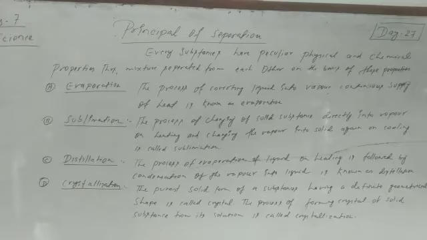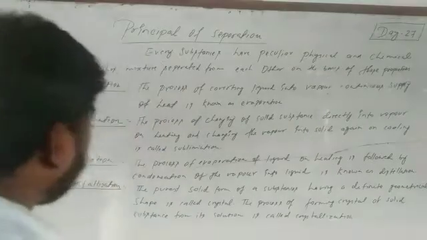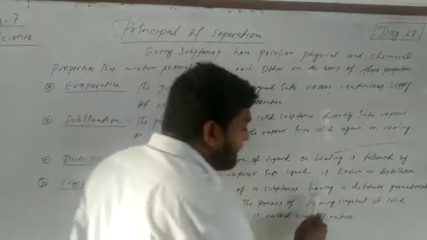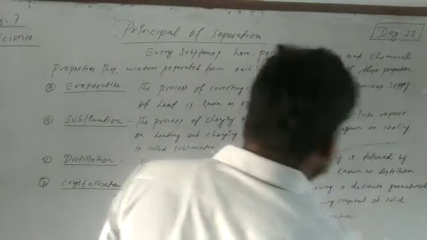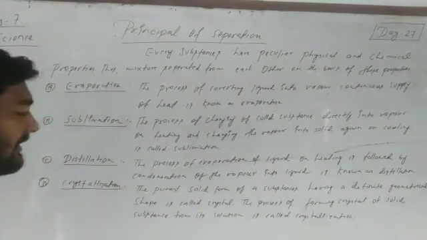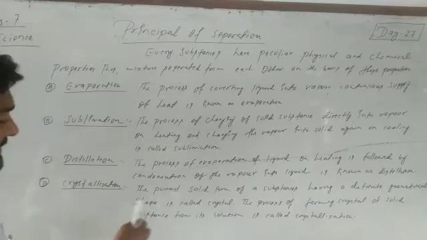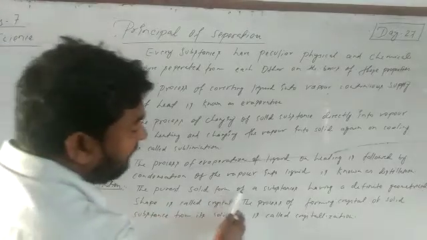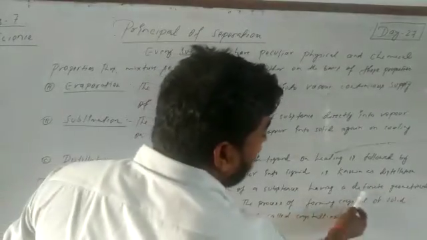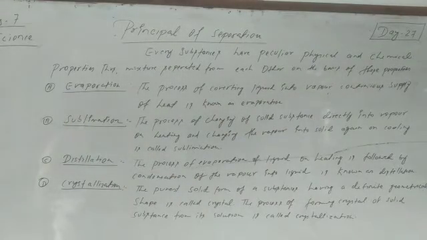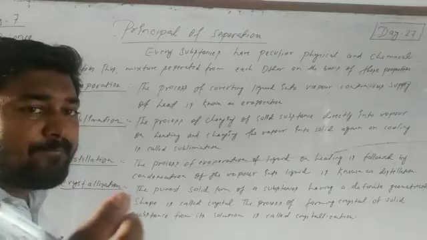Now the last point, crystallization. Firstly, see here: the purest solid form of a substance having a definite geometrical shape is called a crystal.